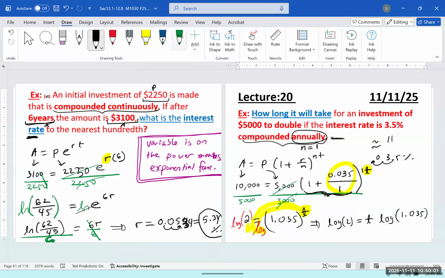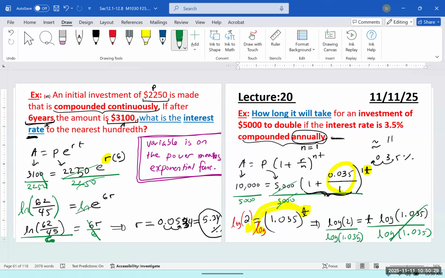Now to solve for t, what is our last step? Divide by log of what? We have double log. Which log? The log on the right, whatever we have next to the t. You want to get the t alone, so you need to get rid of that. Divide by log of 1.035.